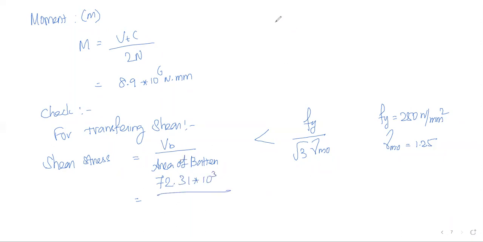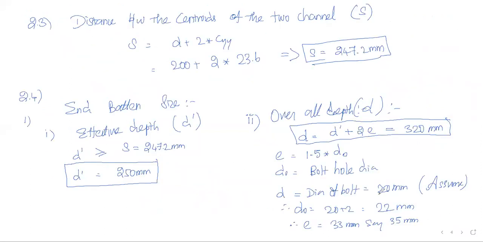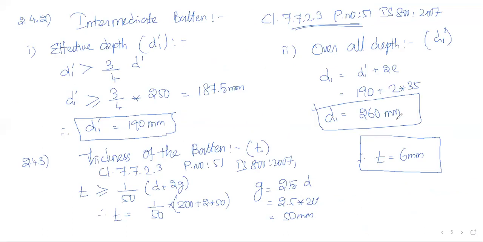Which area is least? We have end batten and intermediate batten. For thickness both are the same at 6 mm, but the overall depth changes: the end batten is 320 mm, but the intermediate batten is 260 mm.